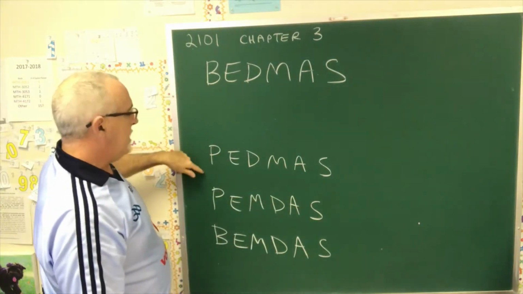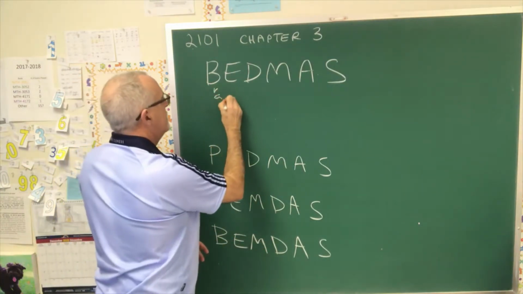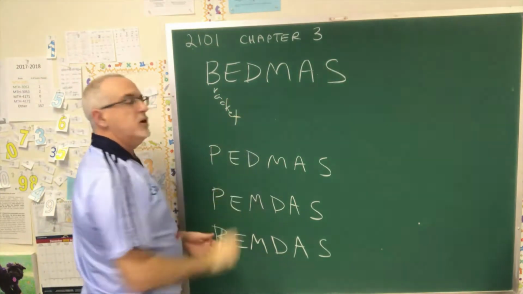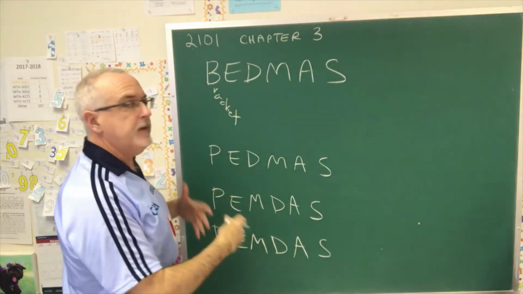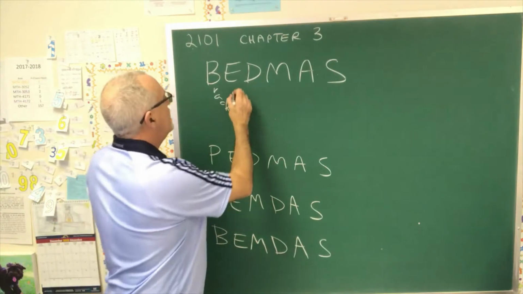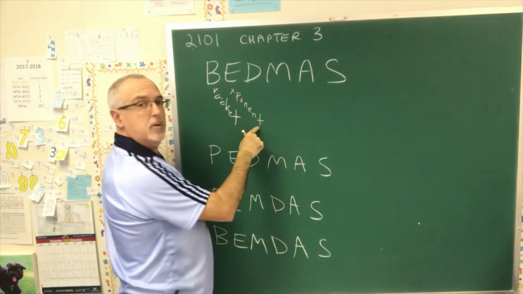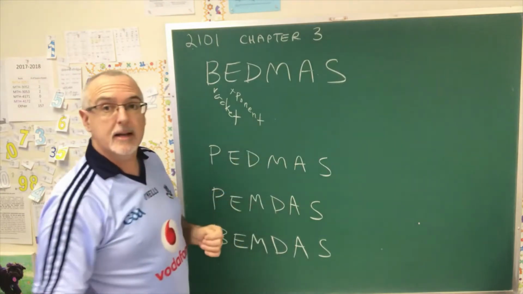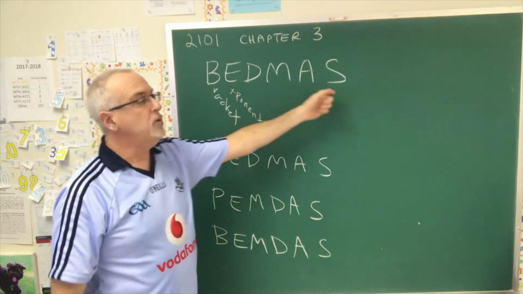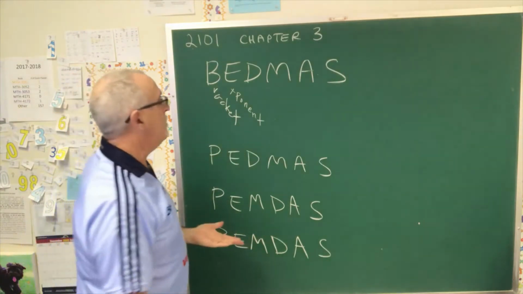First of all, the B and the P, that's a big difference. B stands for bracket. We do brackets first when we have a bunch of things to do in an expression or an equation. E is exponent. That's an important one. Common mistakes happen when people don't follow the rules of the order of operations when it comes to exponents, especially in geometry formulas.